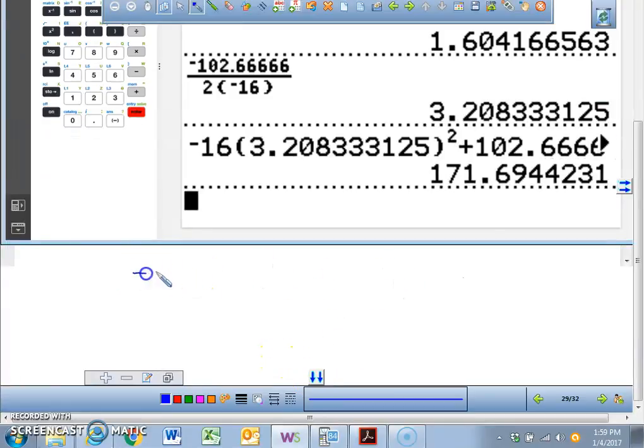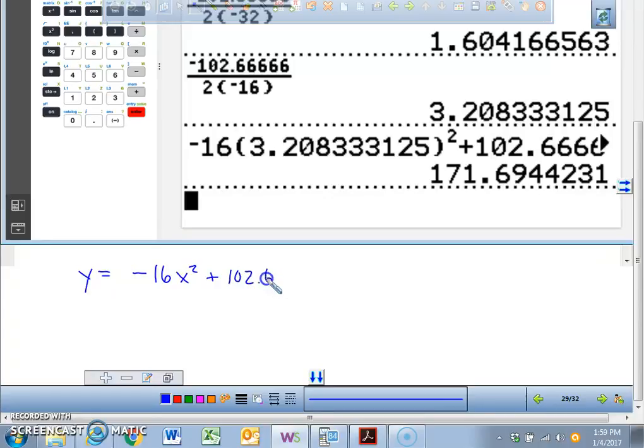What I did in the calculator is I took our equation, and what did I replace the value of x with? I replaced it with that 3.2083 that we repeated.